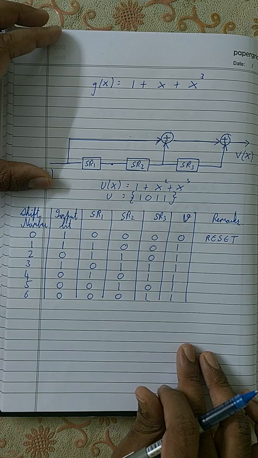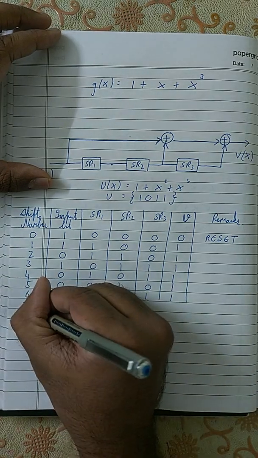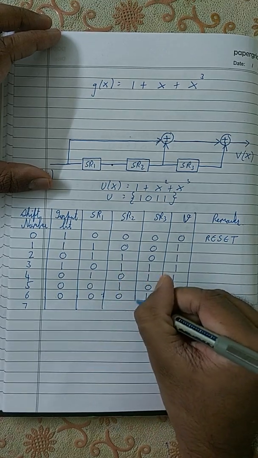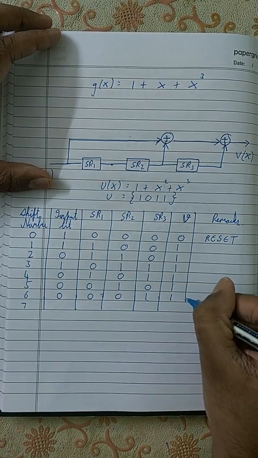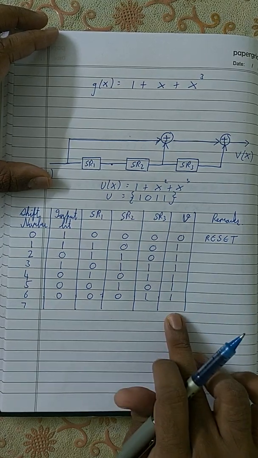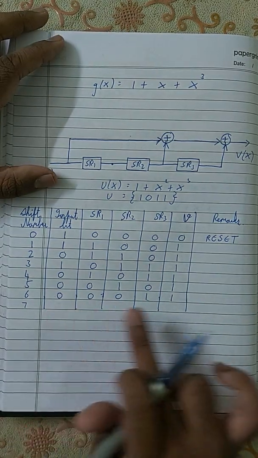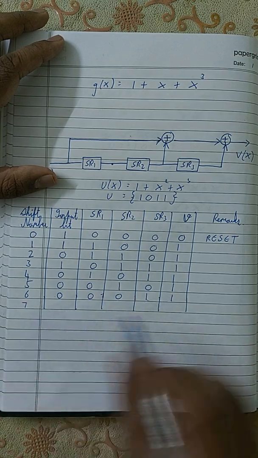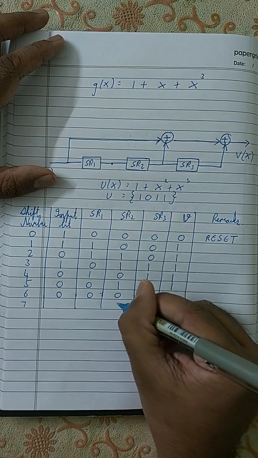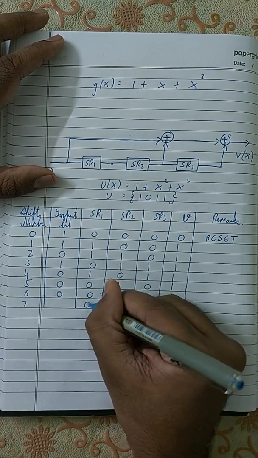Then again at the last clock cycle, first you calculate the output, SR3 plus SR2 plus input bit, which is 1 plus 0 plus 0, which is 1. This 0 will be shifted over here, this 0 will be shifted over here, this 0 will be shifted over here.